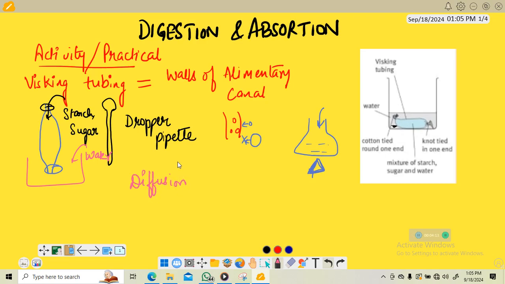There's a slight difference between diffusion and osmosis. Diffusion occurs in liquids, gases and even solids. Osmosis is limited to a liquid medium. Osmosis requires a semi-permeable membrane, whereas diffusion does not always require one; it's simple diffusion.